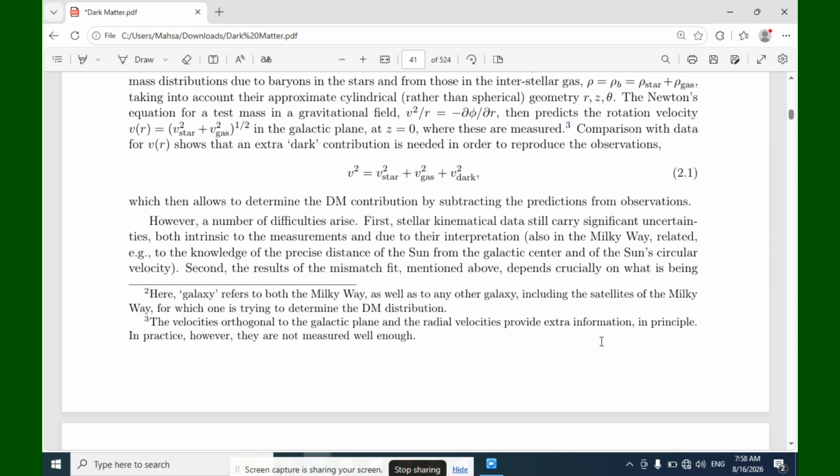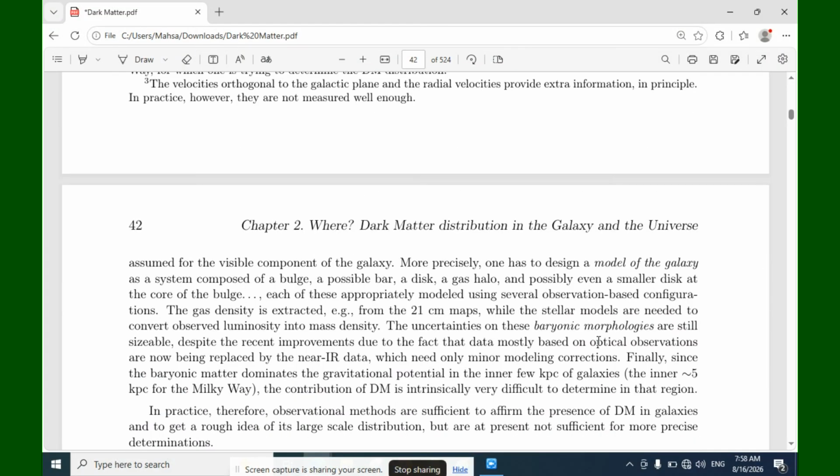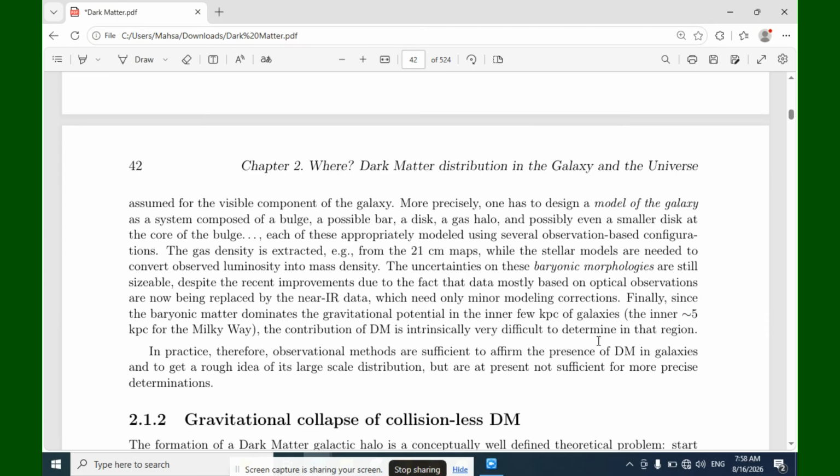Second, the results of the mismatch method mentioned above depend crucially on what is assumed for the visible component of the galaxy. More precisely, one has to design a model of the galaxy as a system composed of a bulge, a possible bar, a disk, a gas halo, and possibly even a smaller disk at the core of the bulge, each appropriately modeled using several observation-based configurations.